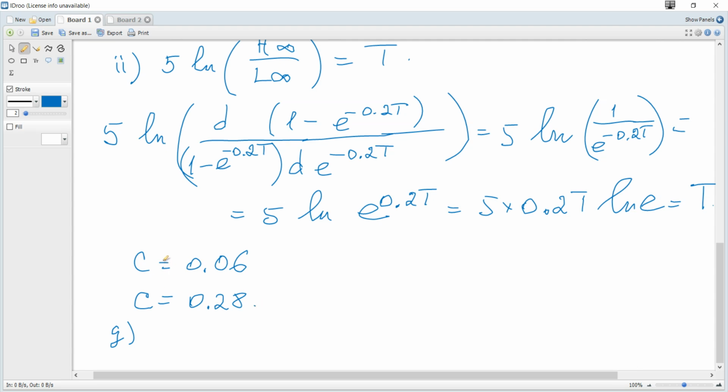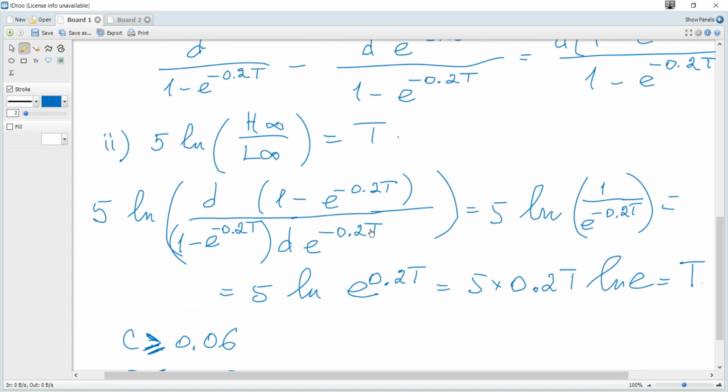It is given that to be effective, the concentration must be greater than 0.06, and to be safe, it must be less than or equal to 0.28.